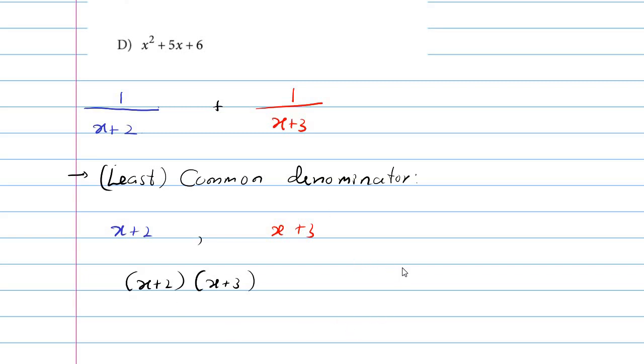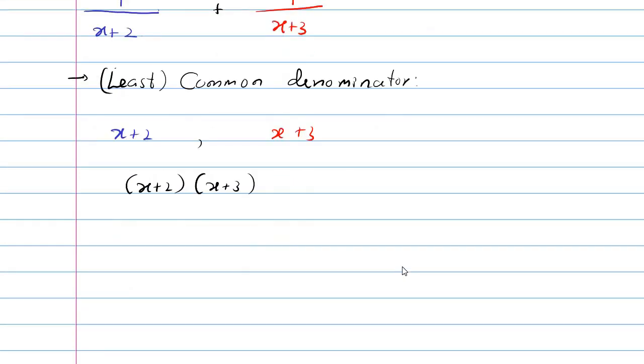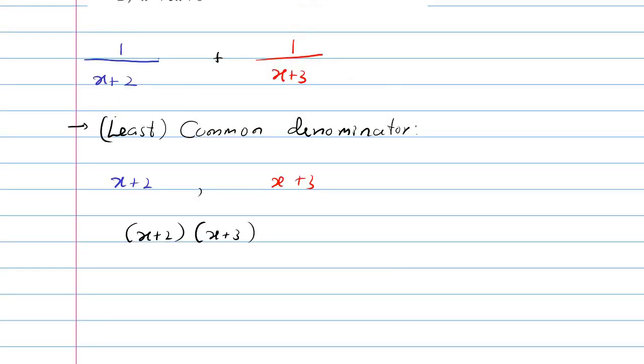Right, so we have this common denominator. Now back to the initial problem of adding two fractions. I'm just going to rewrite it down here, but with a common denominator. The blue fraction, you have x plus 2 and x plus 3.